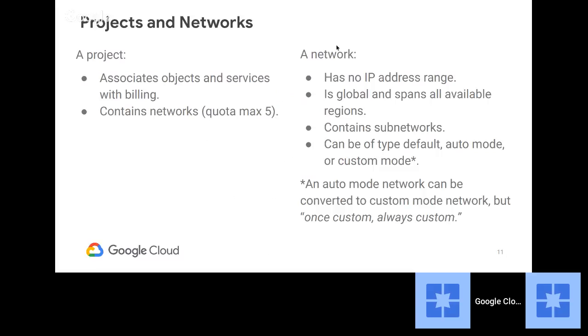It introduces an important element there. There's a quota maximum of 5 networks that you can have in any one project. And quota is something that's important to understand, as these are like soft limits that you can place on a project to control the resources that can be set up and consumed under a particular project.